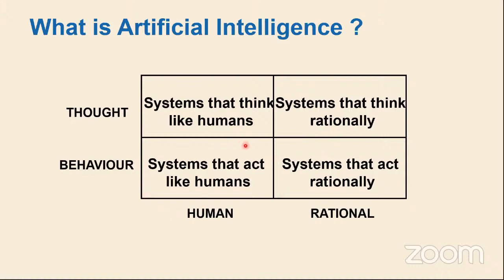Here we can see systems that act like humans. Then here, systems that act rationally. So we are talking about acting and thinking like humans or in terms of rationality. These are the 4 quadrants we can have. This is the introduction to AI.